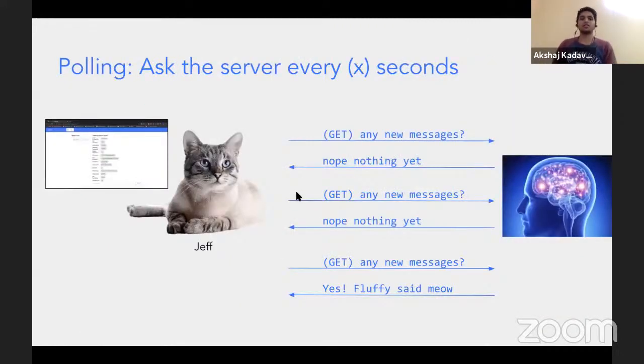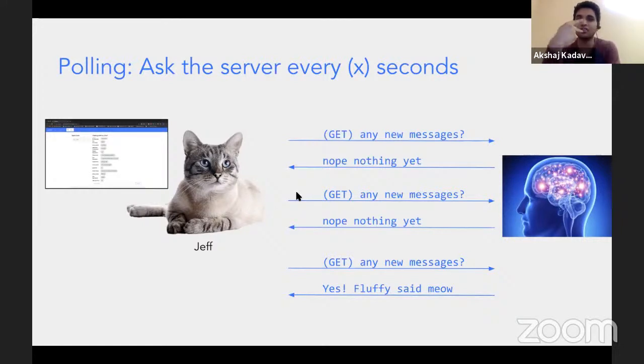And there is a solution that we can think of to this. Imagine you have a group of friends and you're trying to communicate with each other. The first one of you tells the server your message. Hey, I want to say hi to everyone else. And then every 2 seconds, every single person asks the server, hey, are there any new messages? And the server says, no, nothing yet, to every single other person.